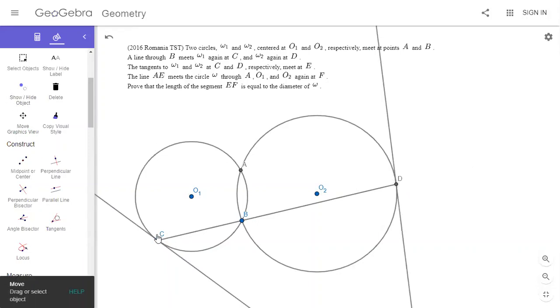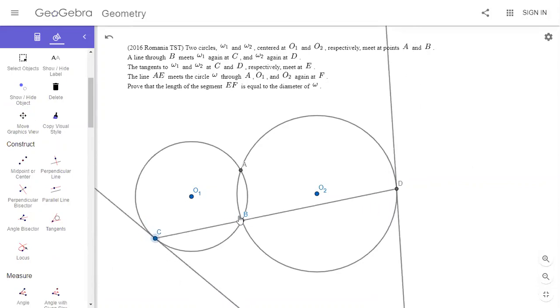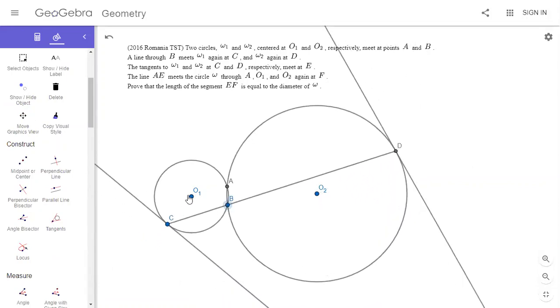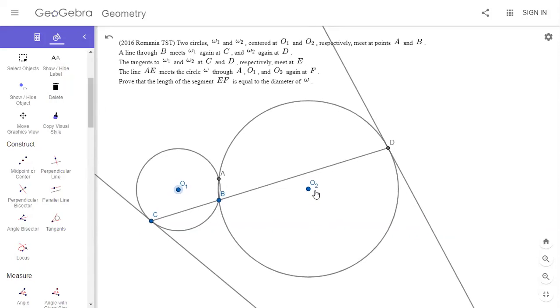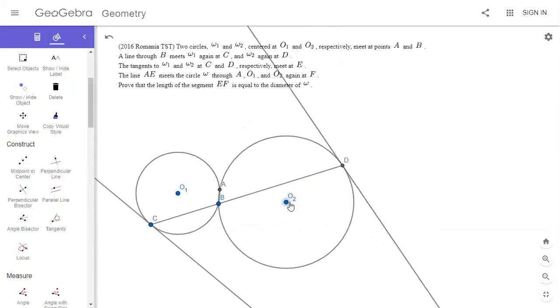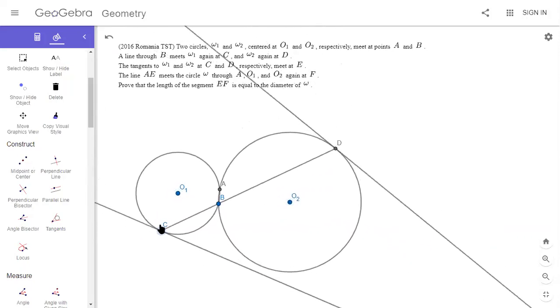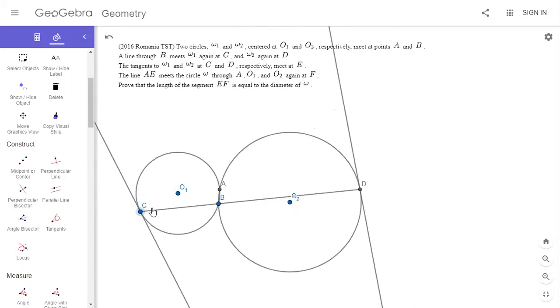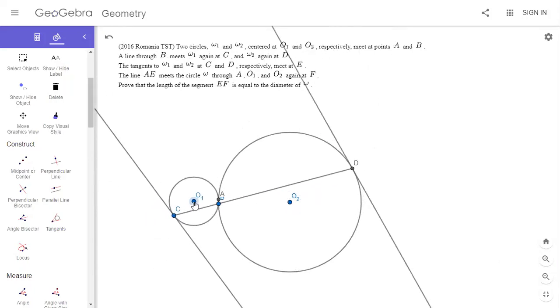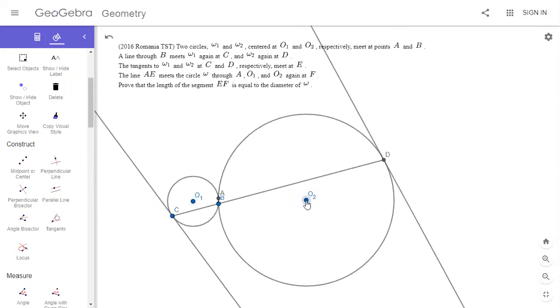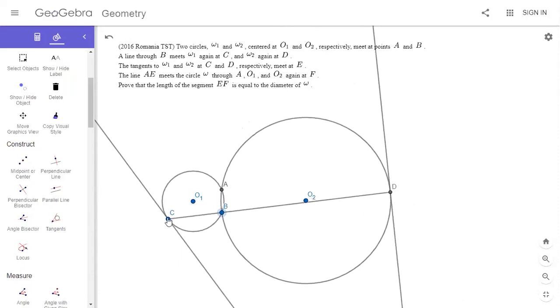So I'm just going to change things around a little bit so that we can see the intersection. Whoops. Let's see. Maybe I think one circle, I'm just trying to figure out.